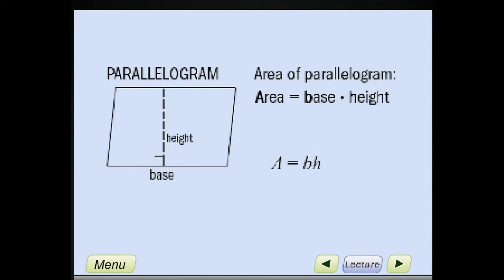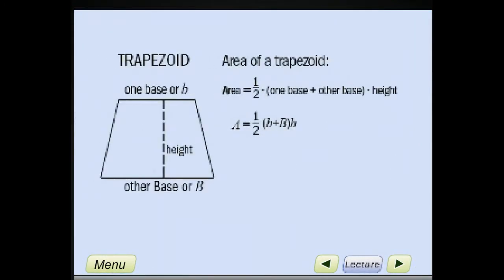Opposite sides are parallel, and that area is base times height. And the area of a trapezoid, exactly two sides are parallel in a trapezoid, and the area is 1/2 times, in parentheses, the length of one base plus the length of the other base times height.